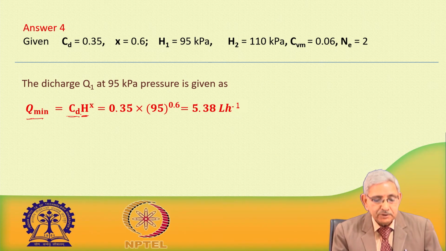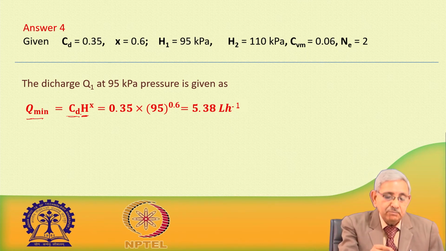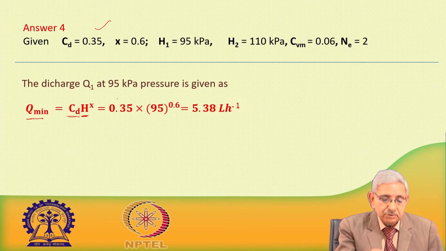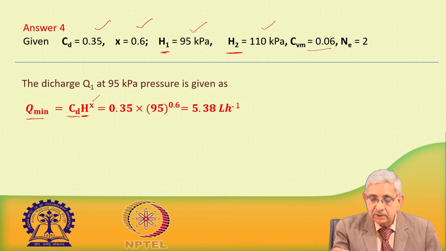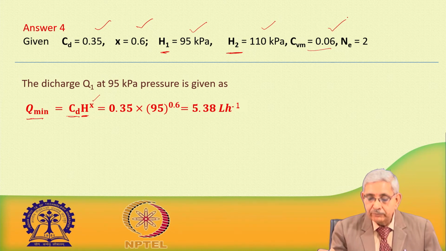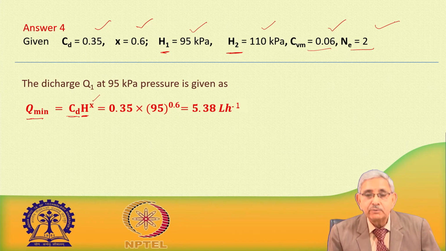In this particular question, we have been given the coefficient of discharge, the value of x as 0.6, and the value of H. There are 2 values of H: one is the minimum H, and the other is the average operating pressure. We have also been given the manufacturer's coefficient of variation, and each plant has 2 point source drip emitters.